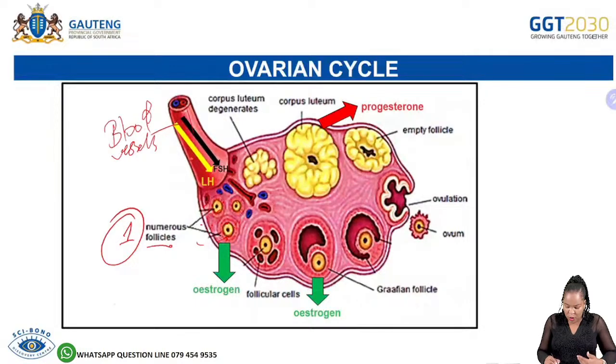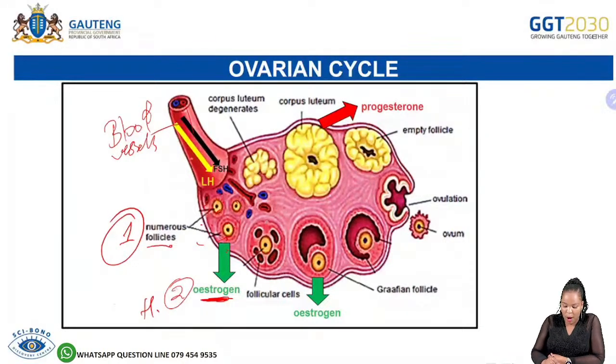To develop. So you see, as they start to develop, they are going to secrete one hormone that we spoke about. This is hormone number 2. Remember, hormone number 2, estrogen. Therefore, our follicles are going to grow and mature together with the ovum that is inside those follicles.